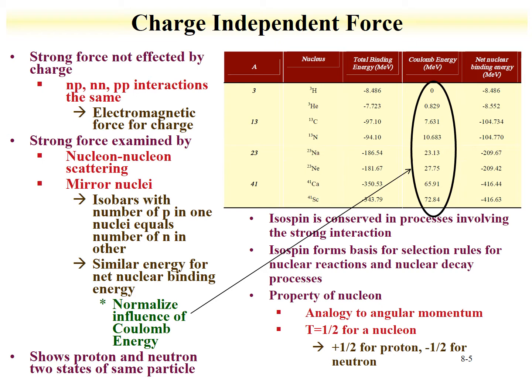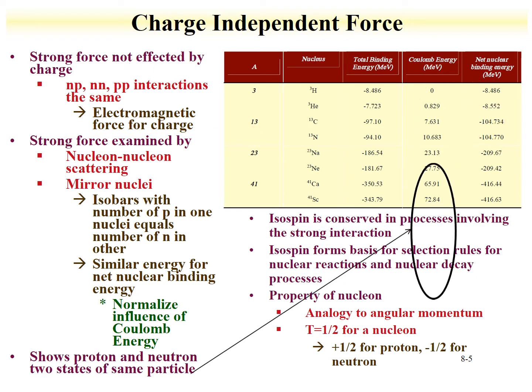protons in the nuclei. And what this shows, if we take the total binding energy and compare it with the Coulomb energy, is that the net nuclear binding energy is very similar based upon the total number of nucleons in a given nucleus. And this can be used to show that protons and neutrons can be considered two states of the same particle.